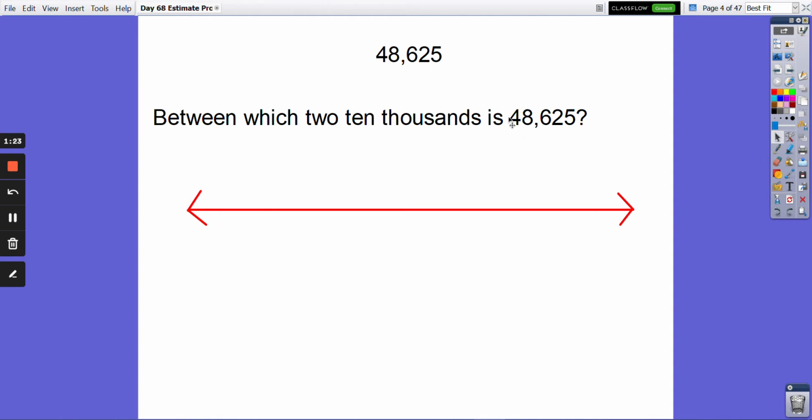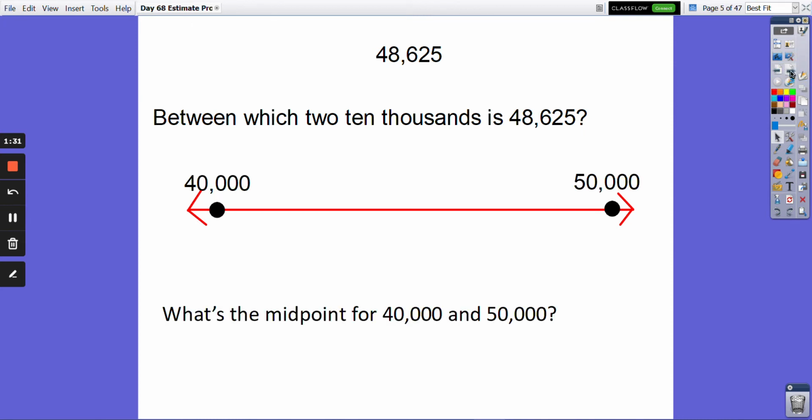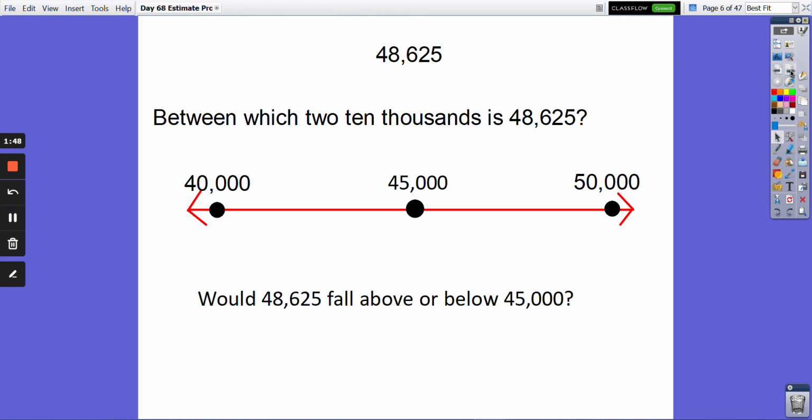Well, I know it's going to be between 4 because it starts with a 4, so between 40,000 and 50,000. What is the midpoint, also known as the middle of 40,000 and 50,000? Well, the middle we know is 5, right? A 5 of any number, so that means I'd have 45,000.